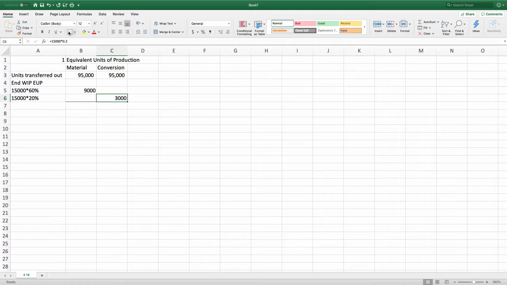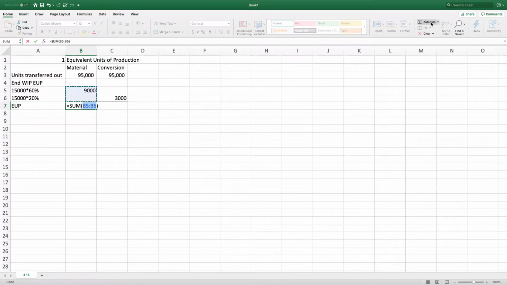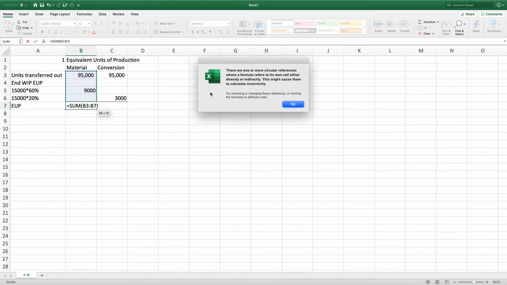So now to figure out the equivalent units of production, for material we add the 95,000 that were completed and transferred out plus the 9,000 that are still remaining in ending WIP.